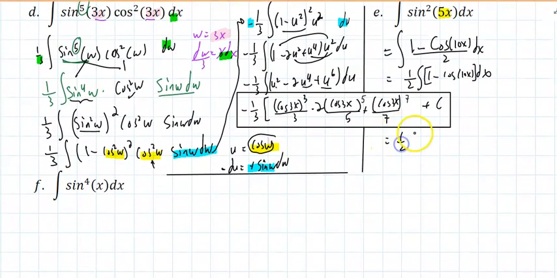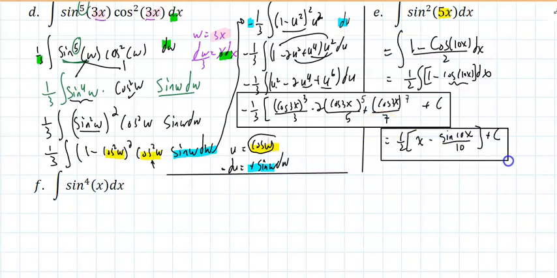Isn't that 1/2? What do you take a derivative of to get 1? x. And how about that? Isn't that the sine of 10x? What do you do with the 10? You divide by it. Otherwise, you would have to use a u substitution again, make the problem longer.